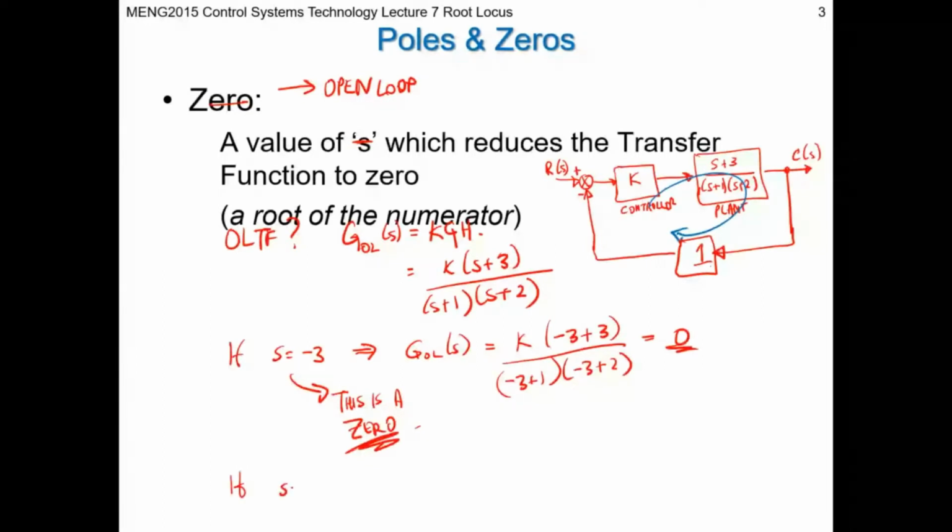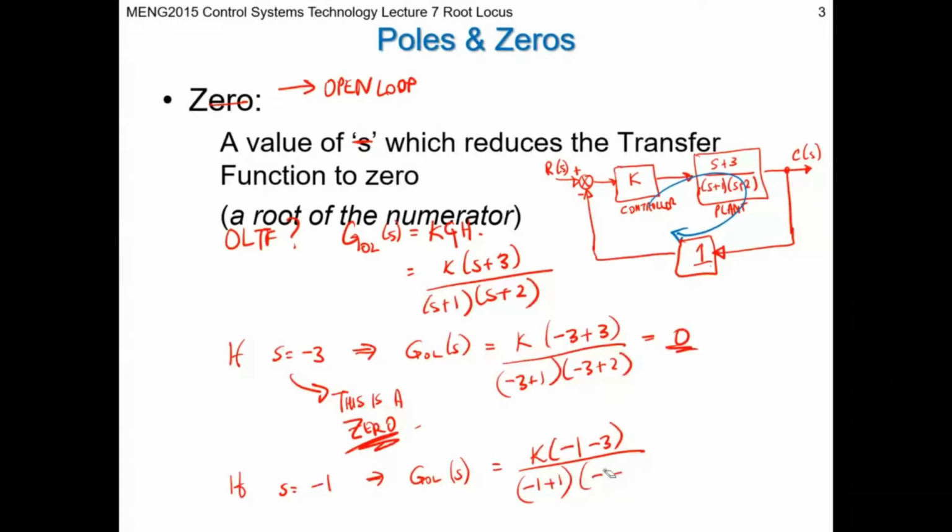We can say if S equals -1, then our open loop transfer function is going to be equal to K times (-1 minus 3) over (-1 plus 1)(-1 plus 2), which of course is going to be -4K upon 0, because -1 plus 1 is 0, equals infinity.